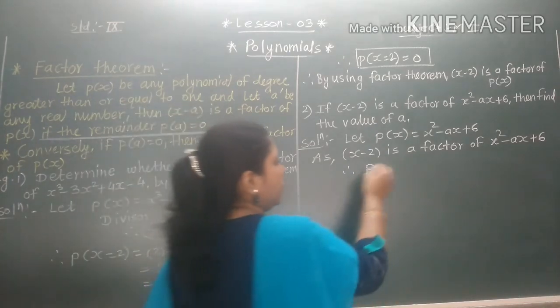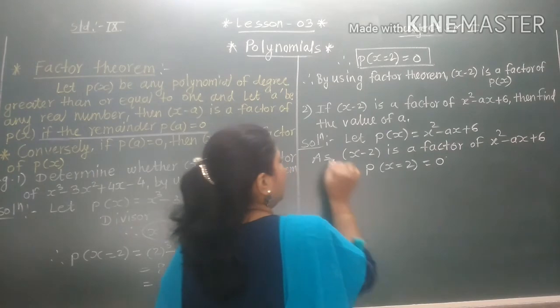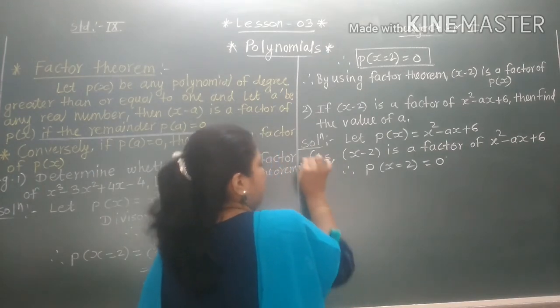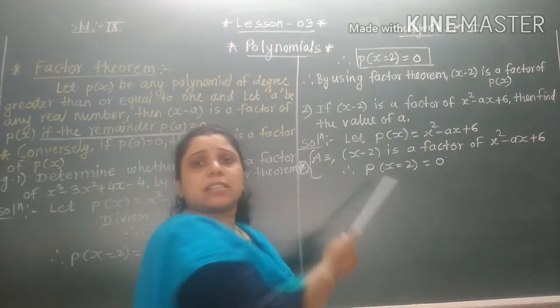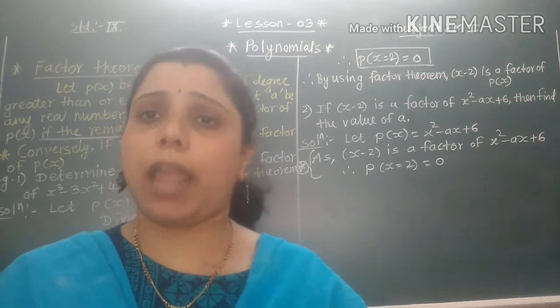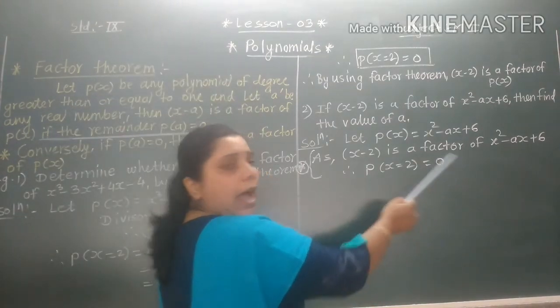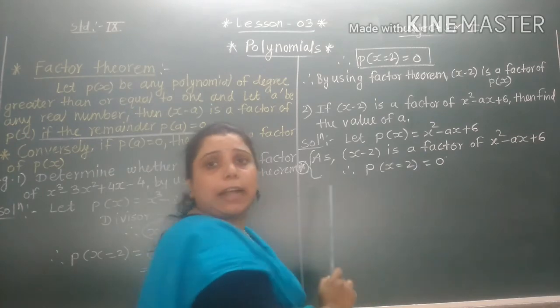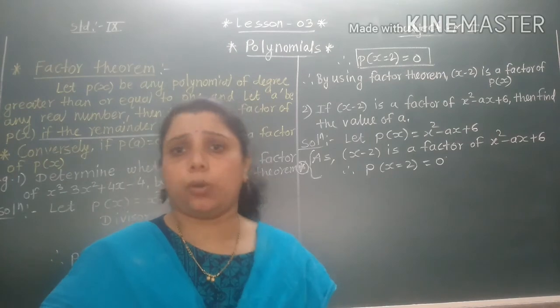Plus 2. Therefore, x is equal to 2, and P of 2 is equal to 0. You have to start with these two steps, because both statements are helpful to find the value of a. This statement has an important value, because it is a factor means the remainder is 0.